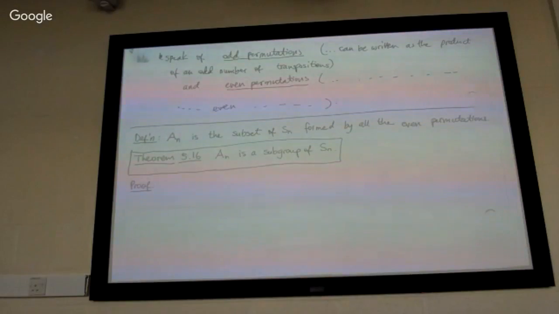To prove that the product of any two elements is still in the subgroup, and what else? The inverse is also in the subgroup. Yes.